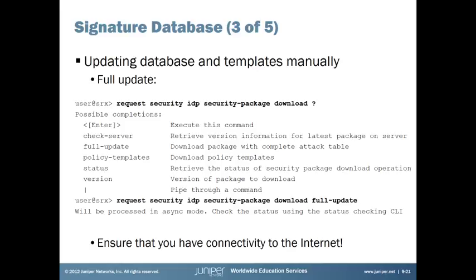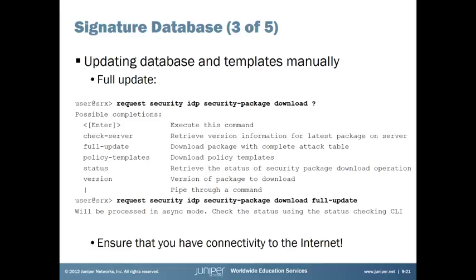Okay, when first setting up IDP, you will need to download the signature database onto the device. After you've got it set up, subsequent downloads will be done automatically. You will configure your device to automatically download the database at preset intervals, but initially you're going to have to do that manually, using the request security IDP security package download full update command, and then that will download from the Juniper database online.